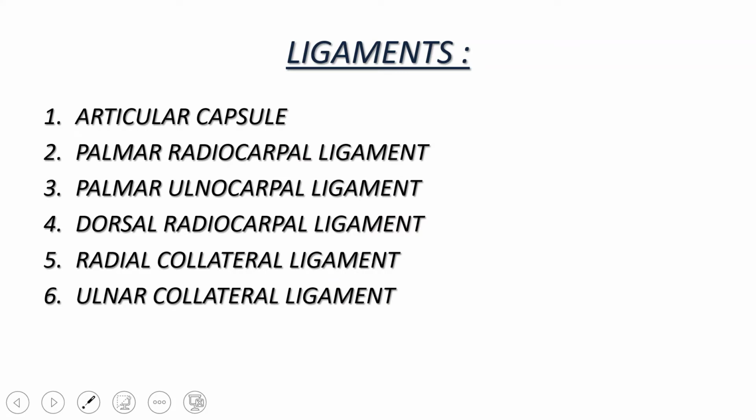Moving on to the ligaments of the joint. The ligaments of this wrist joint mainly include the capsular ligament or the articular capsule, then the palmar radiocarpal ligament, the palmar ulnocarpal ligament, the dorsal radiocarpal ligament, and the radial and the ulnar collateral ligaments. We'll look at these ligaments one by one.